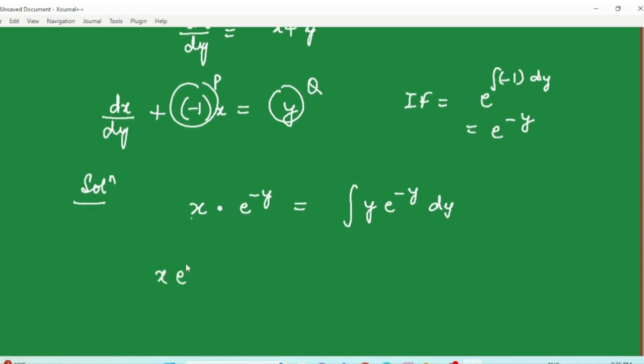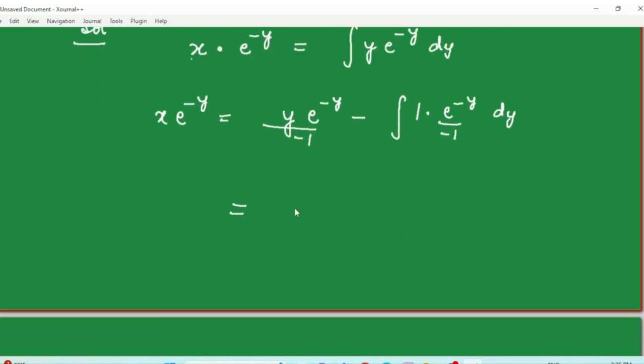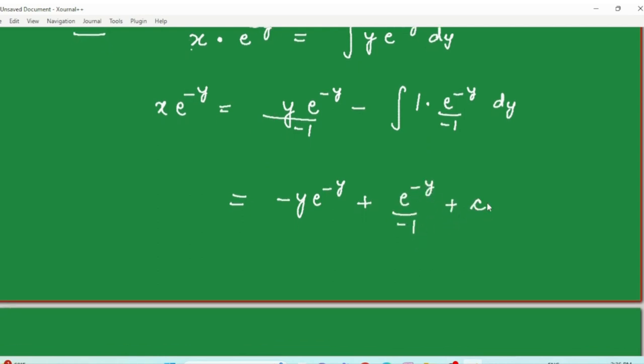It's a one-liner. First function integral second minus integral derivative of first integral second. So that's what it looks like. And one more step if I do, I can rewrite it as e to the power minus y upon minus 1, and then here is going to be my constant of integration.